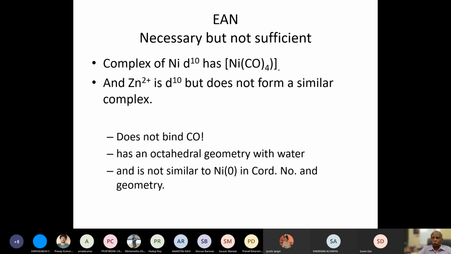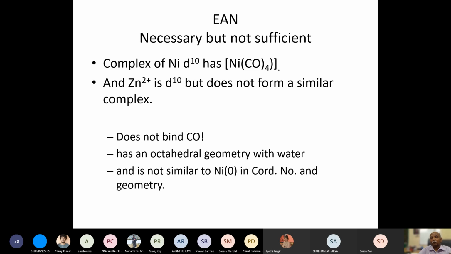Okay, so far we have looked at carbon monoxide complexes, and you have to compare apples and apples, not apples and mangoes. By which I mean that if I am comparing the 4 coordinated, square planar complexes that I showed to you, you should compare only square planar complexes.